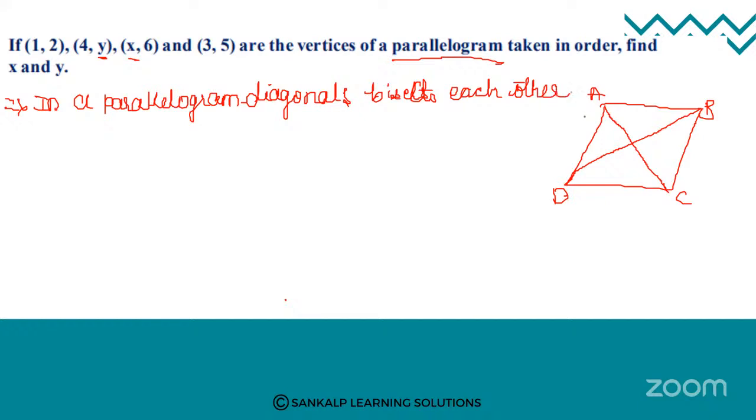Bisects each other. Okay. So here diagonals are AC and BD, right? So we need to take the midpoint of AC and midpoint of BD. So when two diagonals bisect each other, at that time we need to take the midpoint of AC and midpoint of BD.